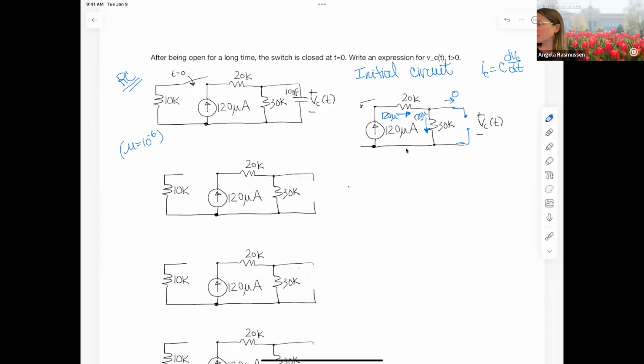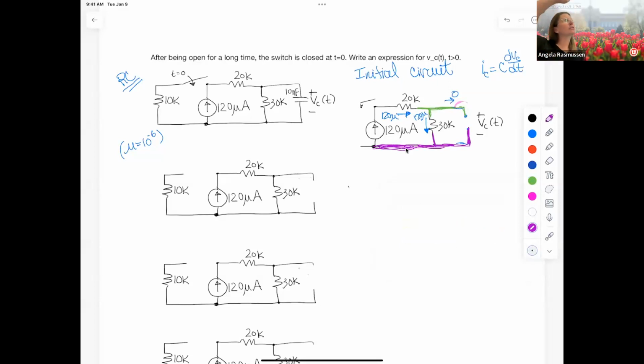So this voltage, if I was to color this node, and I color the bottom one pink, what is the voltage V_C of t going to be there? Yep. So you can just use Ohm's law.